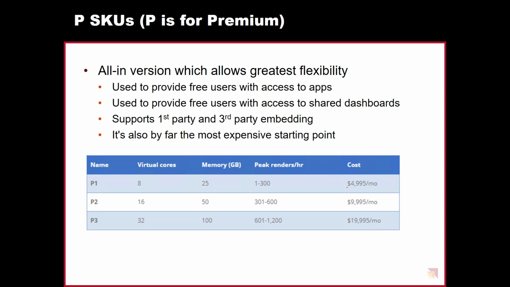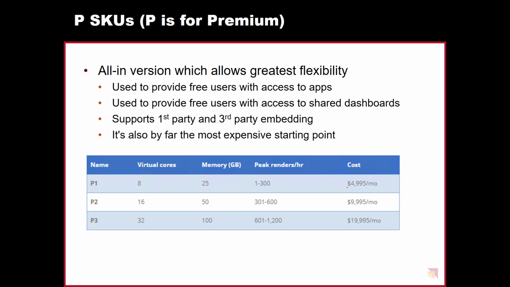P stands for Premium, and they call it the all-in version because it allows for all Power BI capabilities. One thing it's used for is that if you have free users and you want to give them access to apps, or you have free users and you want other users to be able to share dashboards with them, that will work fine as long as the content is added into an app workspace that has been configured to run in a P SKU dedicated capacity.